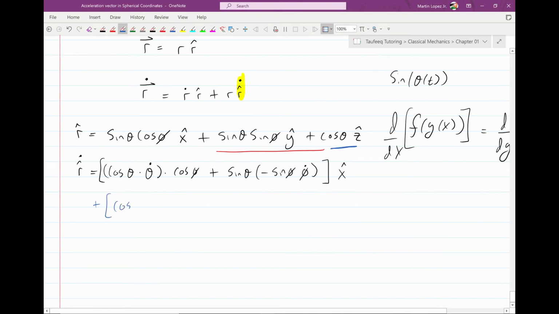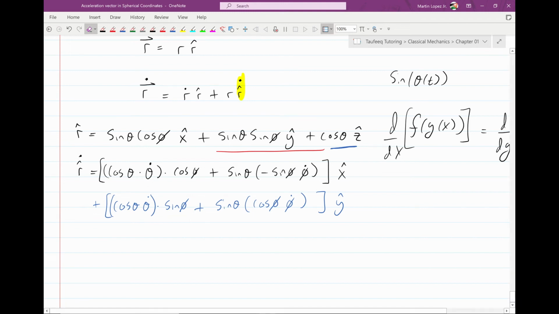And then the second term is going to be, again, cosine theta, theta dot, but this time times sine phi. Okay. And then plus sine theta, cosine phi, phi dot, and that is y.